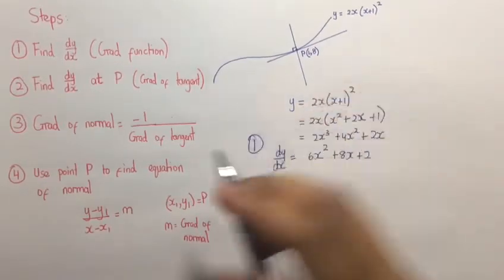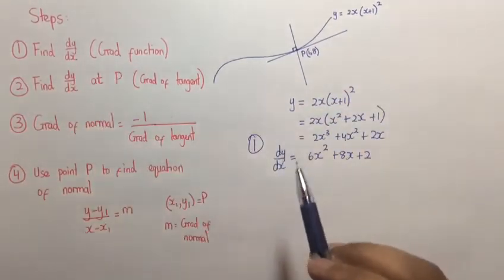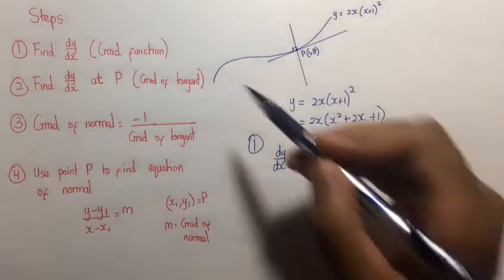So here we've found the gradient function of the curve, which basically gives us the gradient at any point on the curve.